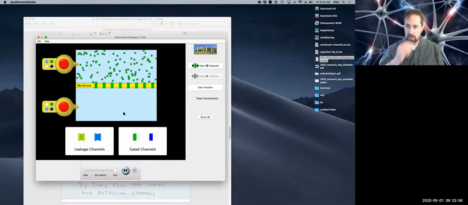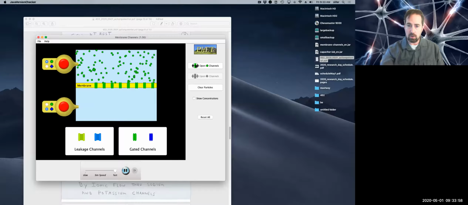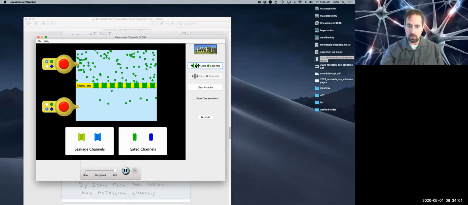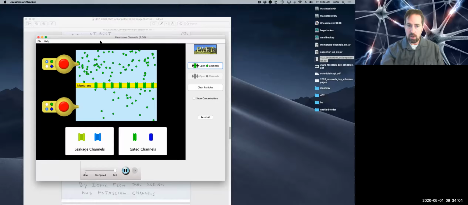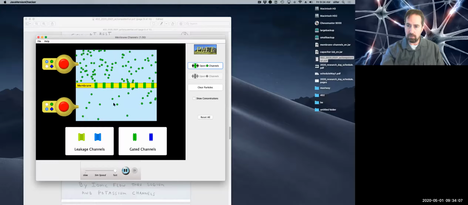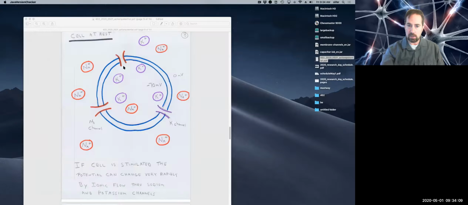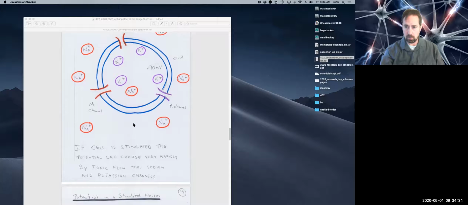If my cell reacts, it can open these channels and all of a sudden I have this large flow of ions through, and I can very rapidly change that distribution of ions, because there is this 70 millivolt potential difference across. So I'll have an electrical force that will impel the motion of these positive ions. The cell can very rapidly change its potential by opening and closing these channels. And that's what we want to examine today.